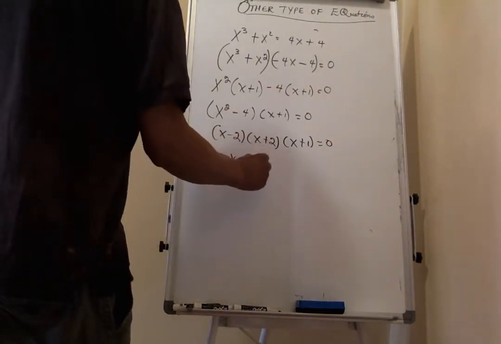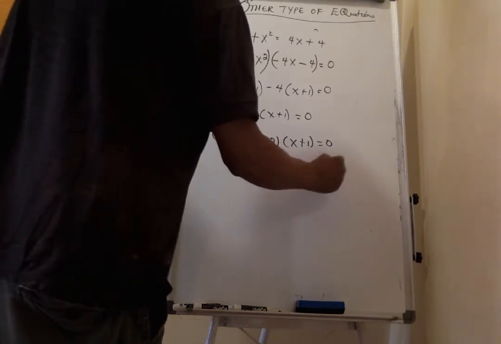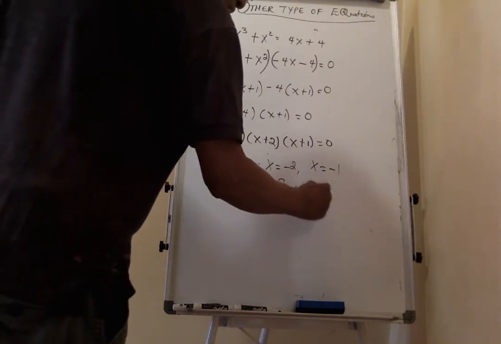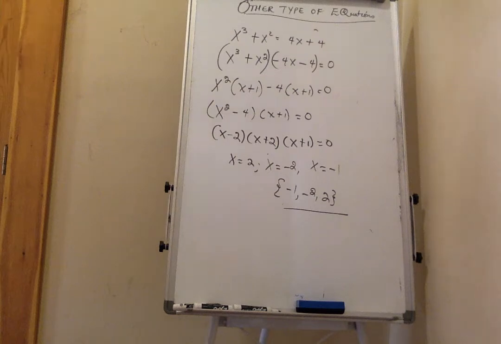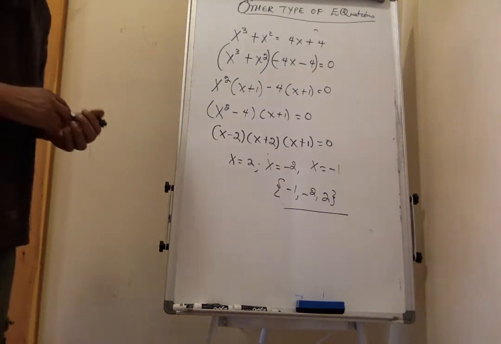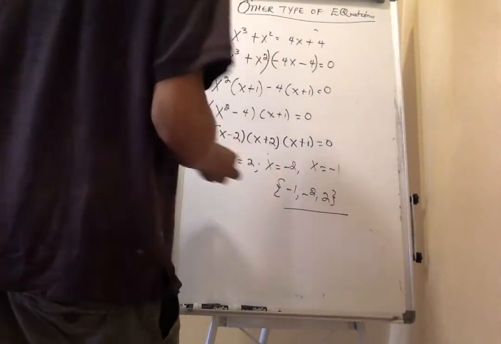If x plus 2 is 0, then x has to equal negative 2. And the same also negative 1. So you have negative 1, negative 2, and 2 as the solutions of your equation. Again, what we mean by solutions are the x-intercepts. Right? Okay, so let's do another one.